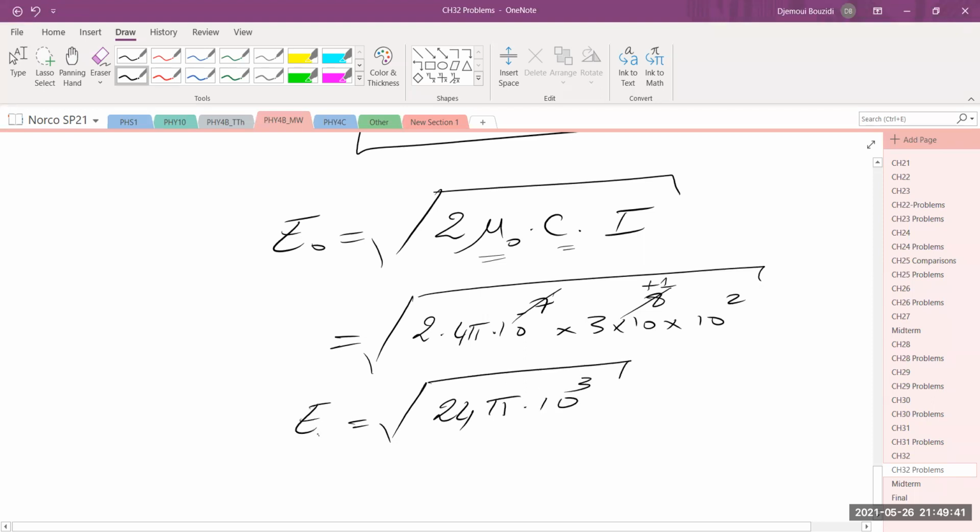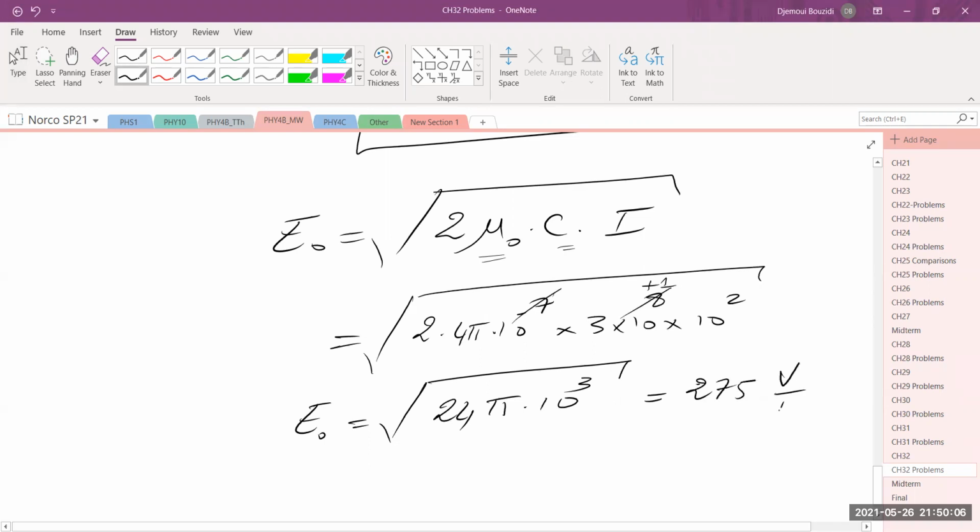So the electric field now is stronger than before. Let's see how that is going to be. The square root of 24 pi times 10 to the power 3 is 274.58. I'm rounding it to 275 volts per meter.